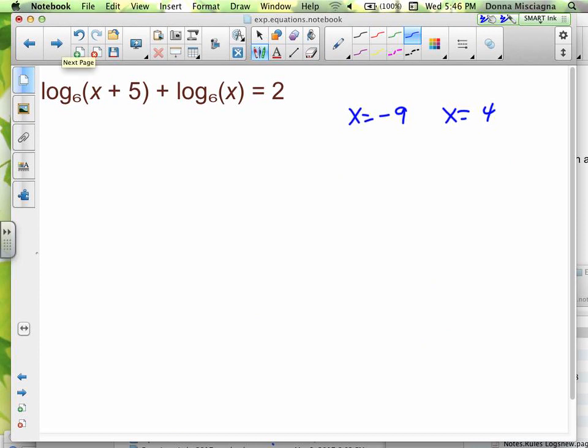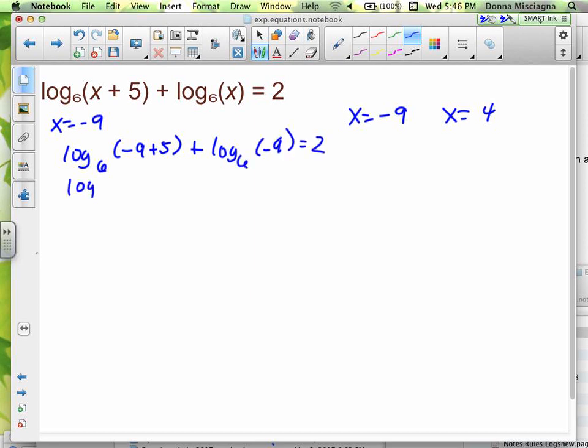All right, so for x equals negative 9, we have log 6 of negative 9 plus 5 plus log 6 of negative 9 equals 2. And that's log 6 of negative 4 plus log 6 of negative 9 equals 2.